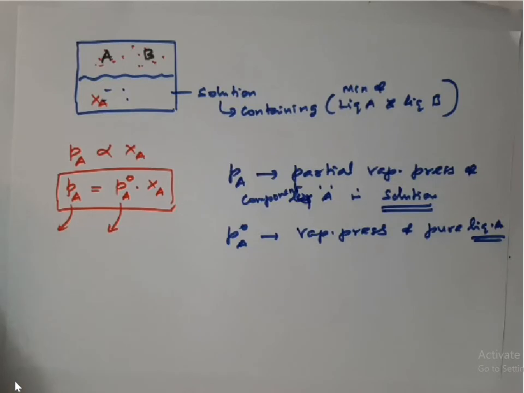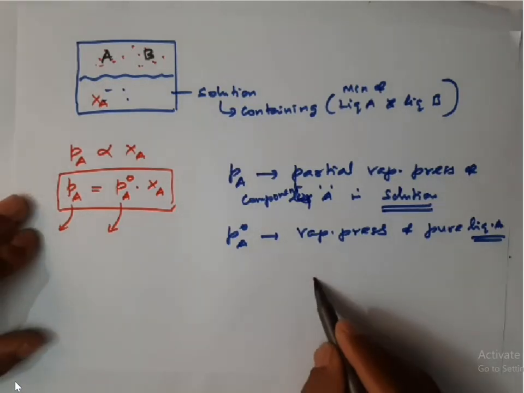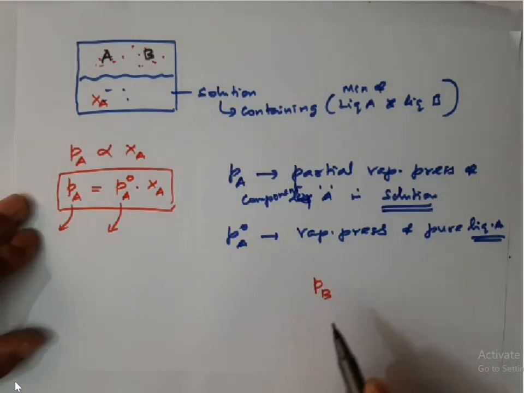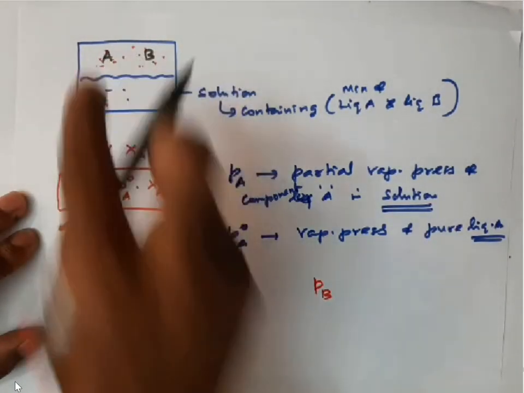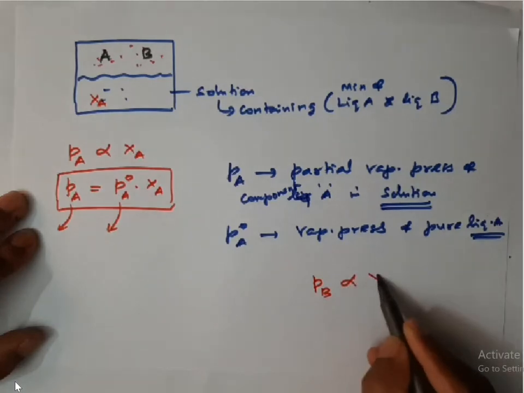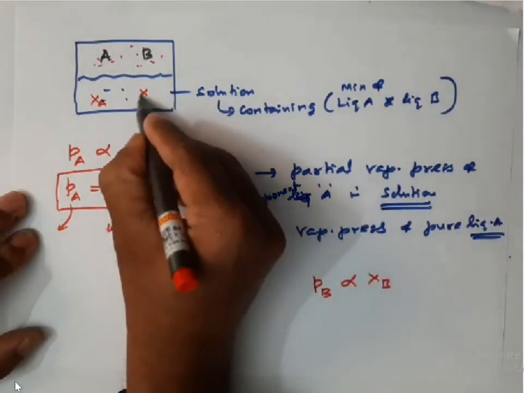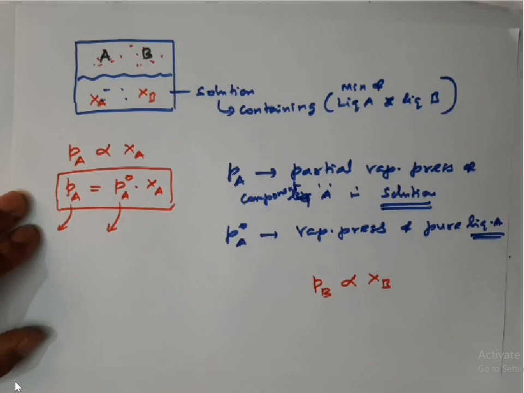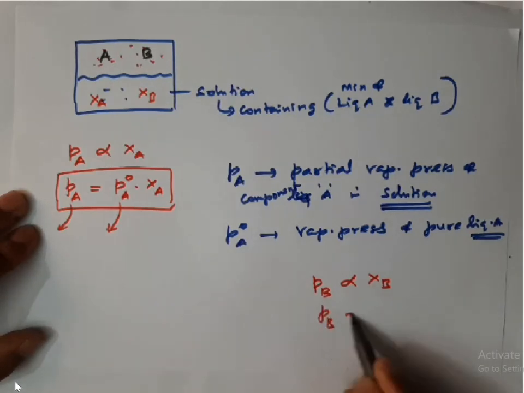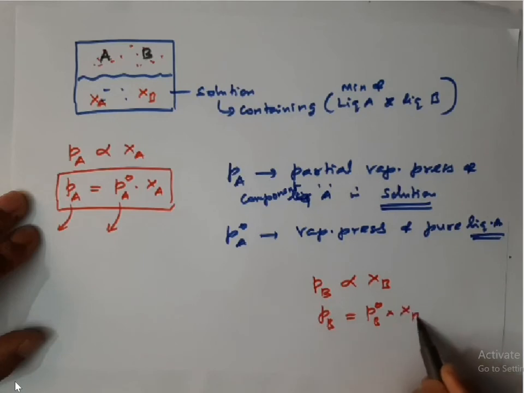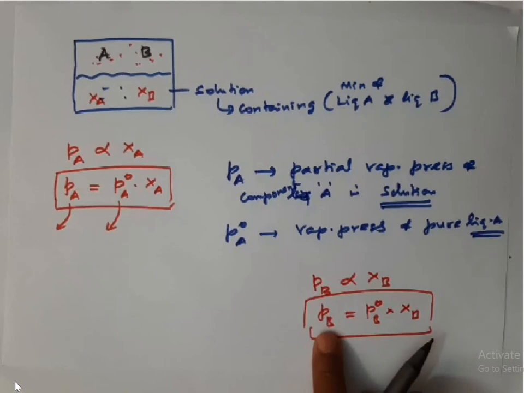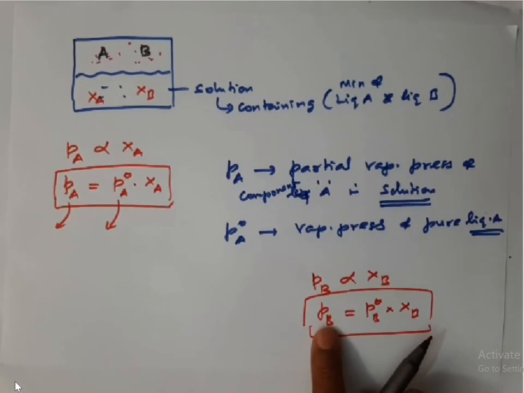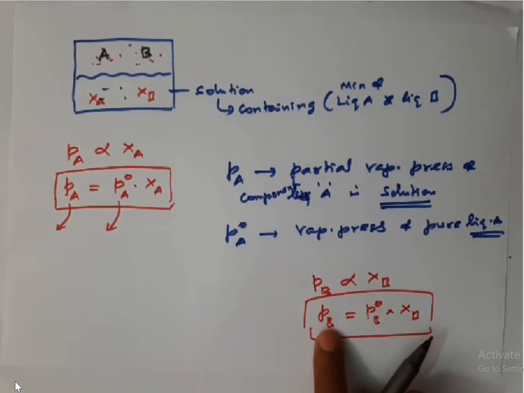Similarly, we can also write for the component B, partial pressure of component B in the vapor phase is directly proportional to mole fraction of component B present in the solution. Or if I equate this, I should introduce a constant called P naught B into XB, where PB is vapor pressure or partial vapor pressure of component B in solution.